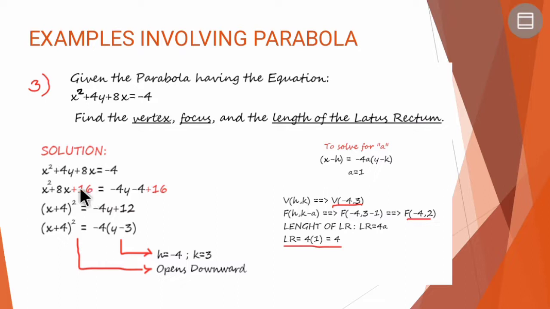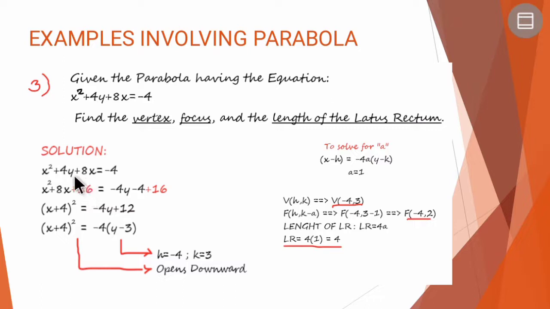You are going to use completing the square. After you transpose 4 to the other side of the equation, by completing the square you divide 8 by 2. 8 divided by 2 is 4, and square it.